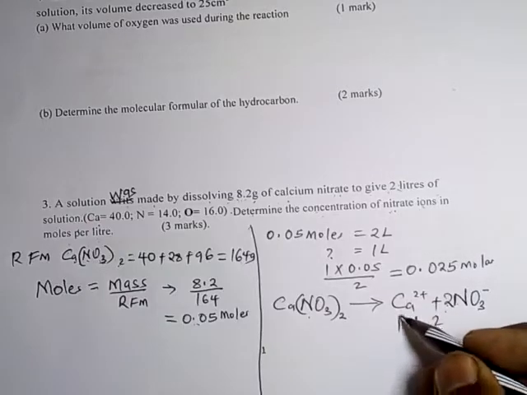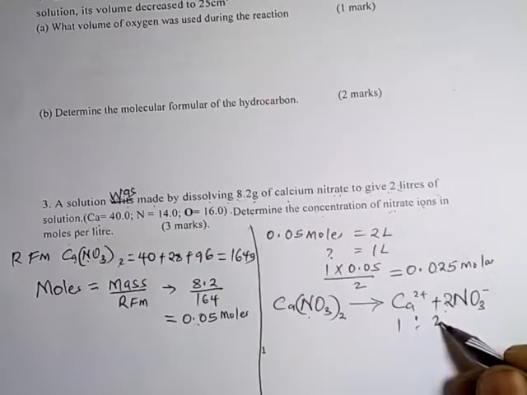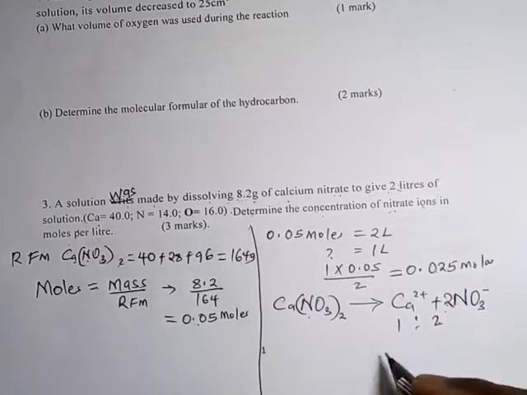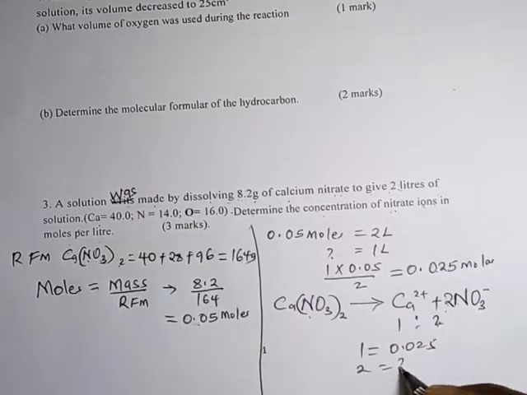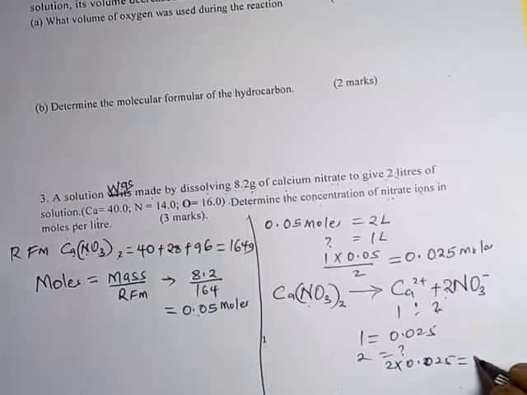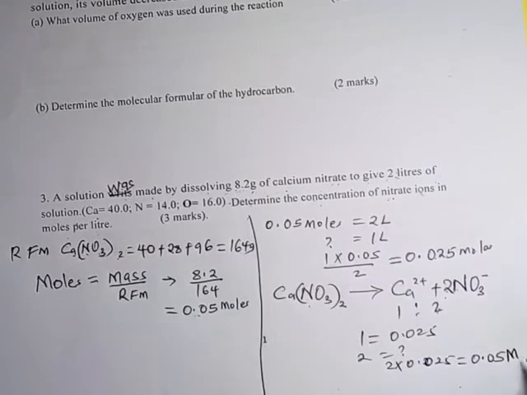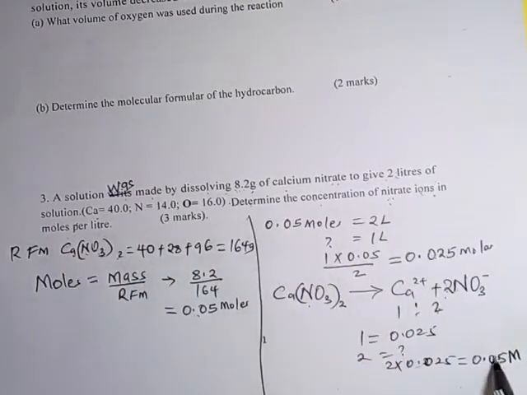If the number of moles of the calcium is 0.025, what will be the number of the nitrate? 1 equals 0.025, 2 will give us 2 times 0.025, and the answer is 0.05 moles per liter. So this is the number of moles of the nitrate ions in 1 liter. That is the molarity.